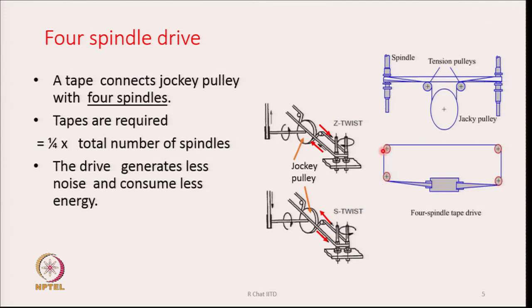The angle of wrap around each spindle is roughly 90 degrees. So, with 90-degree wrap, the friction between the tape and the spindle whorl is sufficient to drive the spindle at a certain speed.